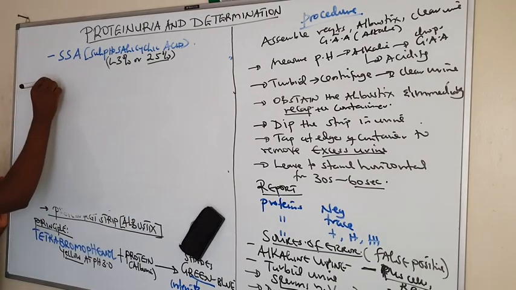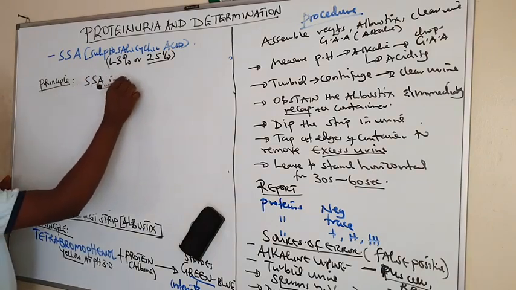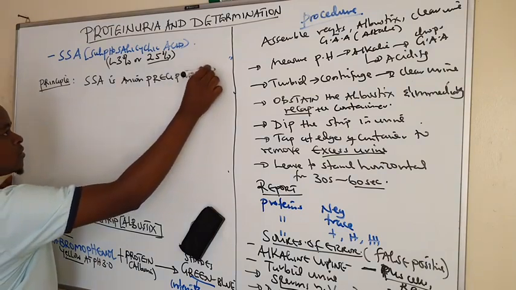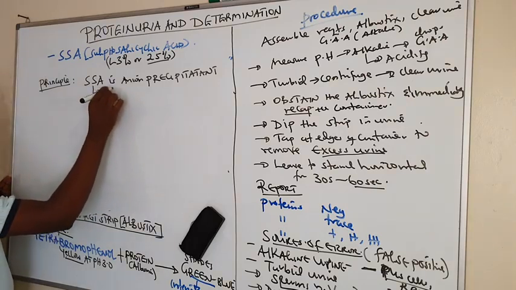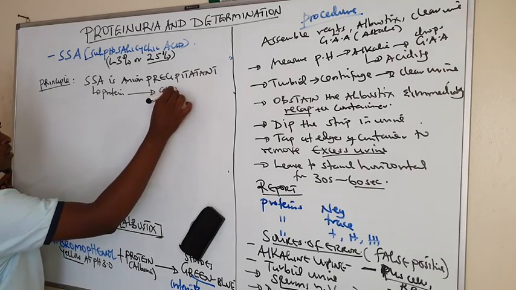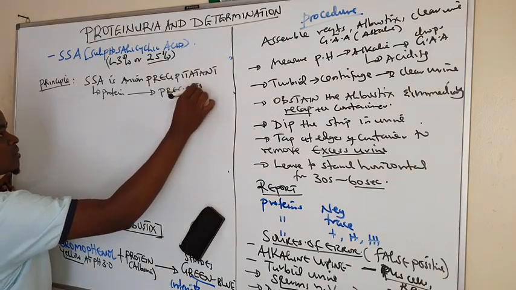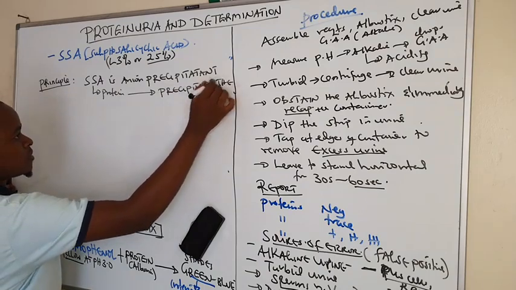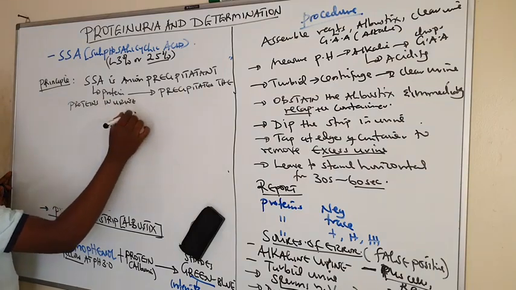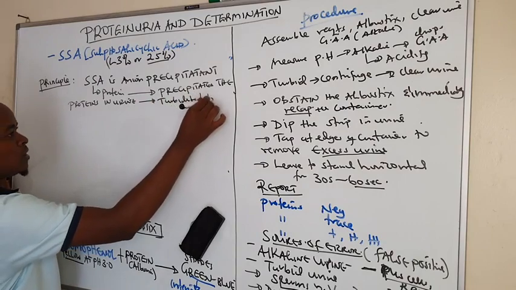And the principle behind SSA is that it is an anionic precipitant. If you add it to urine containing protein, it neutralizes the proteins and precipitates them, forming turbidity or cloudiness.